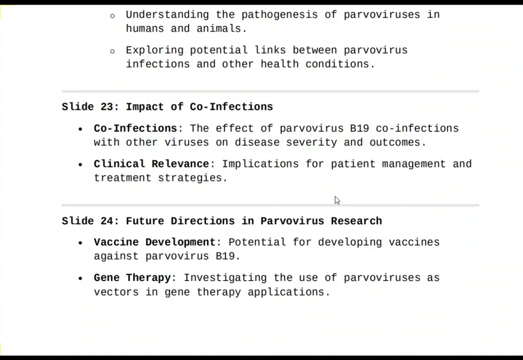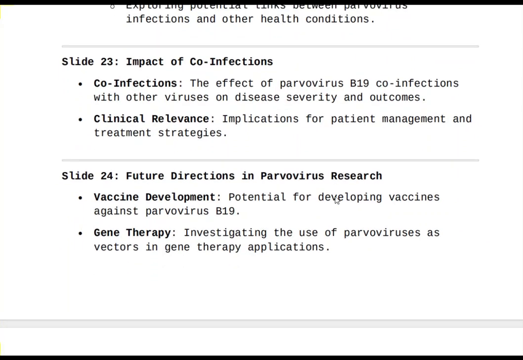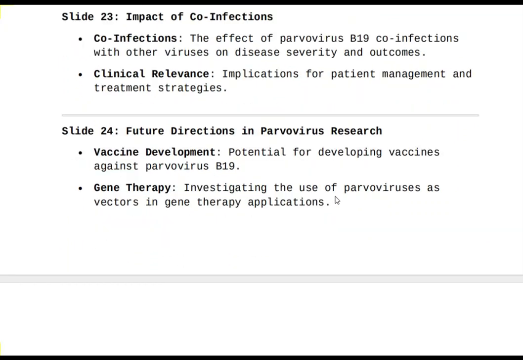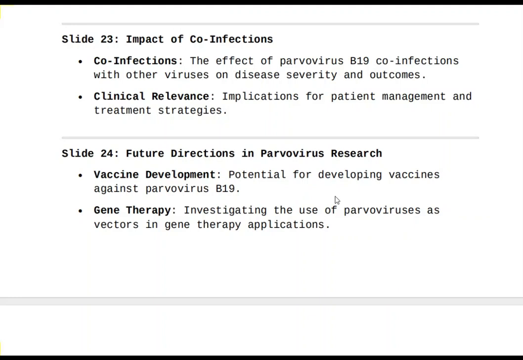Clinical relevance includes implications for patient management and treatment strategies. Finally, future directions in research: vaccine development for human infections, and possibly the use of this virus for gene therapy. This is the last slide for DNA viruses.